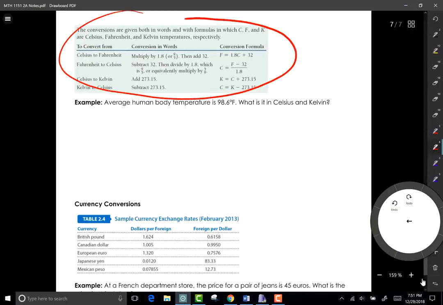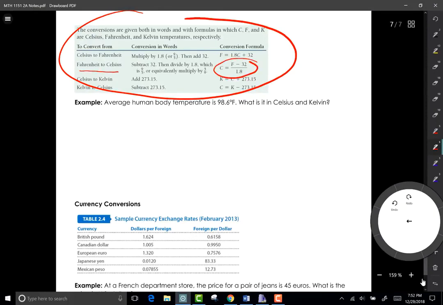Okay, so in our example, it says the average human body temperature is 98.6 Fahrenheit. What is it in Celsius and Kelvin? So what we want to do is use the formulas in the box to change Fahrenheit to Celsius and then change Fahrenheit to Kelvin. So if I want to change Fahrenheit to Celsius first, that's this formula right here.